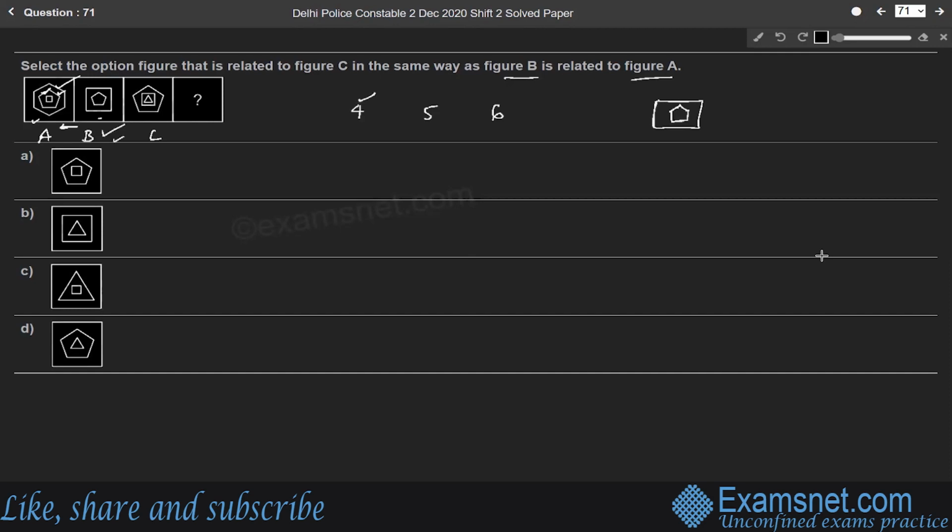So similarly, C and D. So here, innermost shape is a triangle. It becomes outermost shape, right, in figure D. Whereas middle shape is a square, it becomes inner shape. So here, triangle encloses square, therefore option C is the right answer.